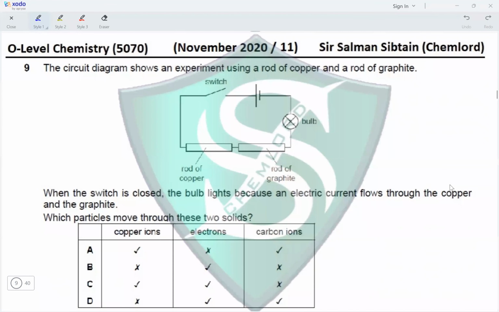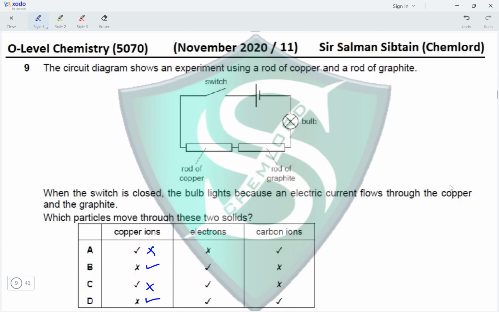Question 9. The circuit diagram shows an experiment using a rod of copper and a rod of graphite. Okay. When the switch is closed, the bulb lights because an electric current flows through the copper and graphite. Which particles move through these two solids? Copper ions. No, ions will not move. So A and C are incorrect.